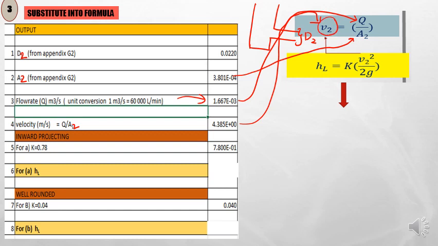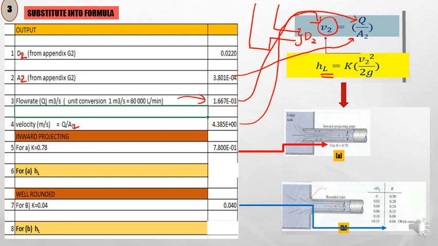Then after that we want to calculate the HL. Remember, we have two cases, A and B. For A, the category of inward projecting, we know that K equals 0.78, and for the well-rounded category, we know that K is 0.04. So we have the K already.